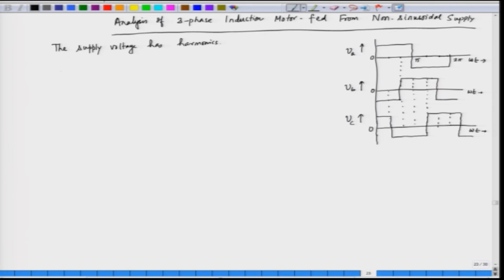So, usually the voltage has odd harmonics due to quarter wave symmetry.